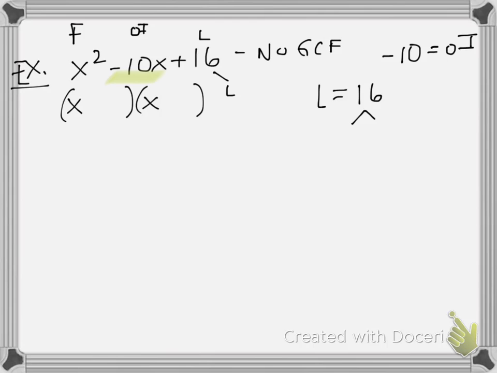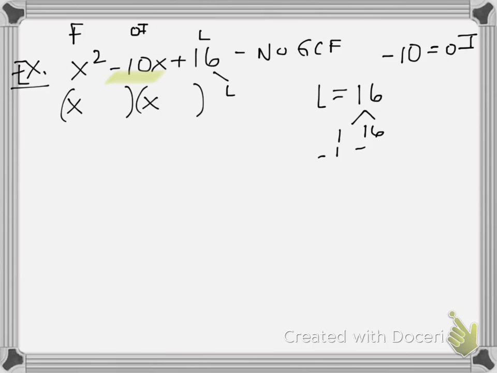Okay, so let's just start by finding factors of 16. Now again, the better you get at factoring out numbers, the less of this you're going to have to do. But I show you the whole process so you know my thought process, you don't miss anything. So the first thing I'm going to do is say, okay, a factor of 16 is 1 times 16. Now every set of factors has an opposite pair. In this case, the opposite pair of two positives would be two negatives.